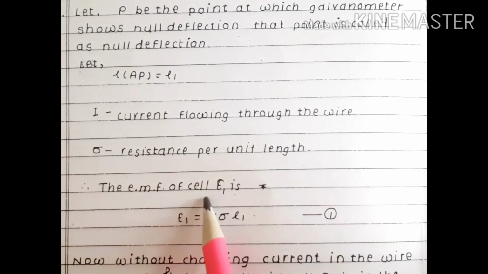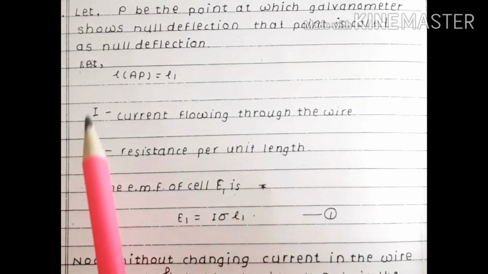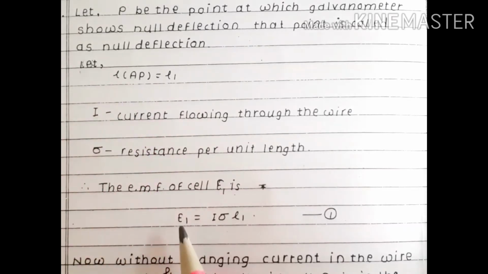The EMF of cell E1 is equal to I into sigma L1. Sigma is the resistance per unit length. Whenever that sigma is multiplied by L1, we get the resistance of that wire L1. Means sigma L1 is the resistance of wire AP. E1 is equal to I sigma L1. This is equation number 1.